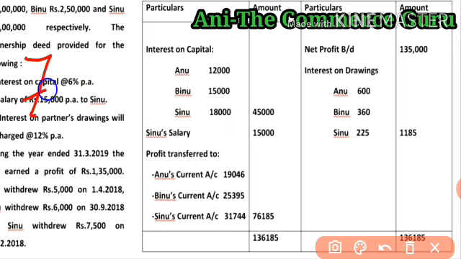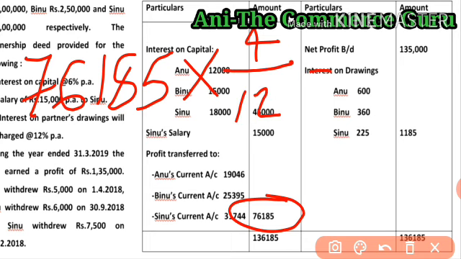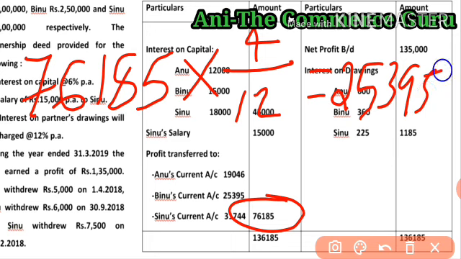Divisible profit is 76,185. From this, Binu will get his share, that is 4/12. When we calculate, we get an amount equal to 25,395.